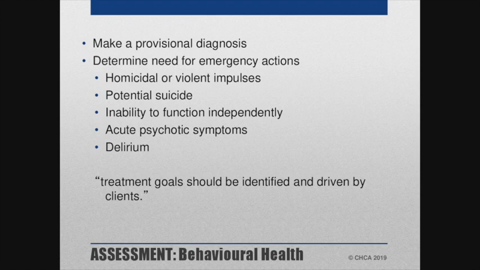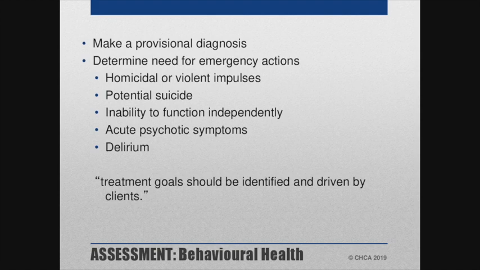Finally, once we've identified that history, we make a provisional diagnosis and determine the need for emergency care. Some things that would require immediate reaction and consultation are if the patient is homicidal or has violent impulses, which may include maintaining safety for yourself. Is the patient a potential suicide?